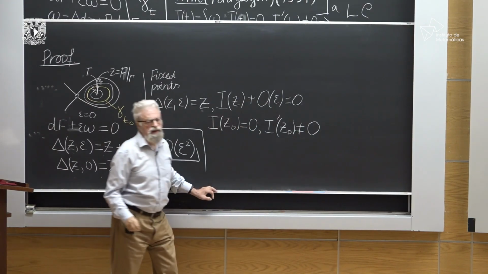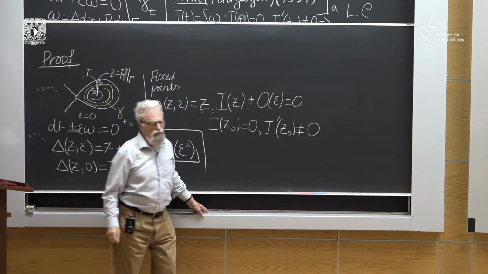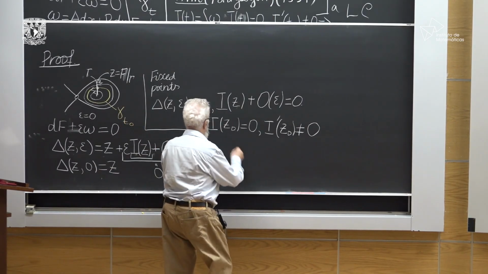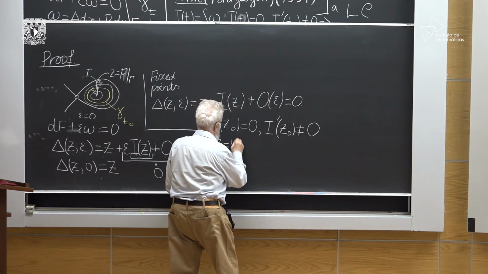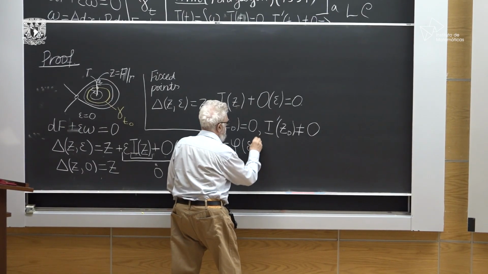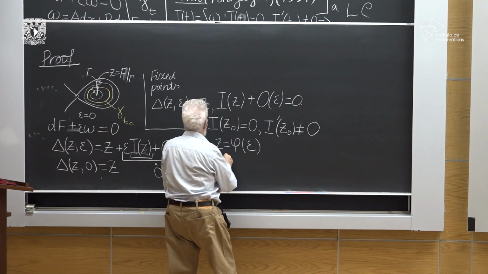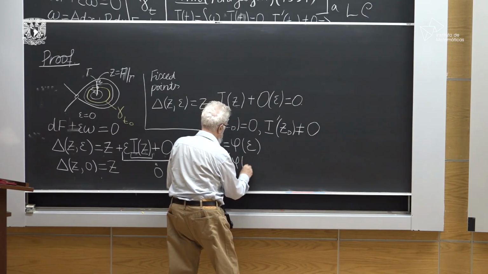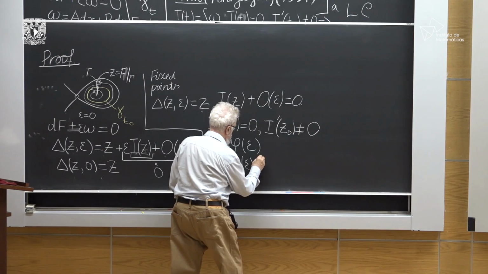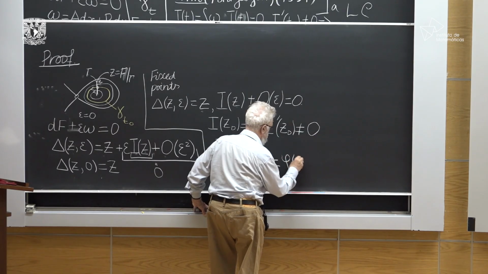We are exactly in the setting of the implicit function theorem, and we can get an equation z is a function of epsilon such that delta of phi of epsilon equals phi of epsilon.